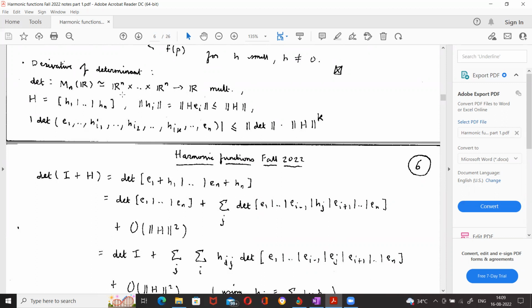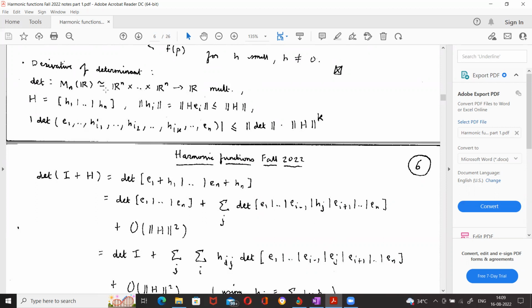And I can also think of this as a multilinear function of n column vectors. It's multilinear in the columns of the matrix. So what is the derivative of this determinant?